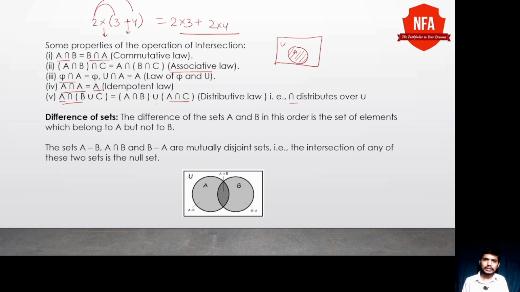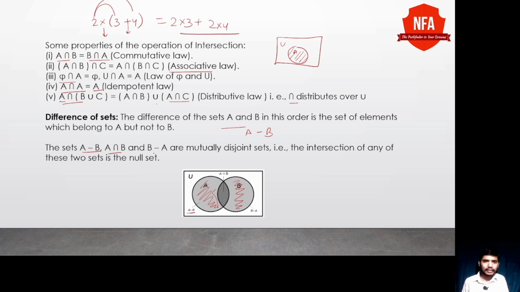Now what is the difference of sets? The difference of sets A and B in the same order, set A minus B, is the set of elements which belong to A but do not belong to B. In this figure, we have the universal set, then set A, then set B, and A intersection B. This region is the region A minus B, and this region is the region B minus A. And all these sets, A minus B, A intersection B, and B minus A, are mutually disjoint.